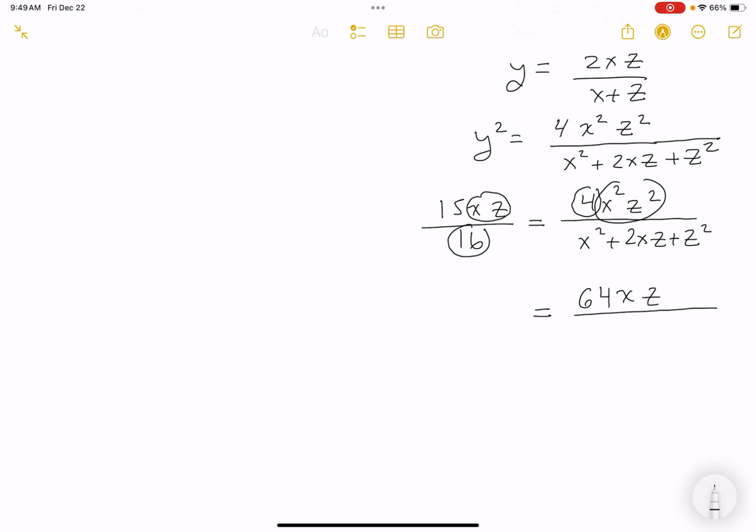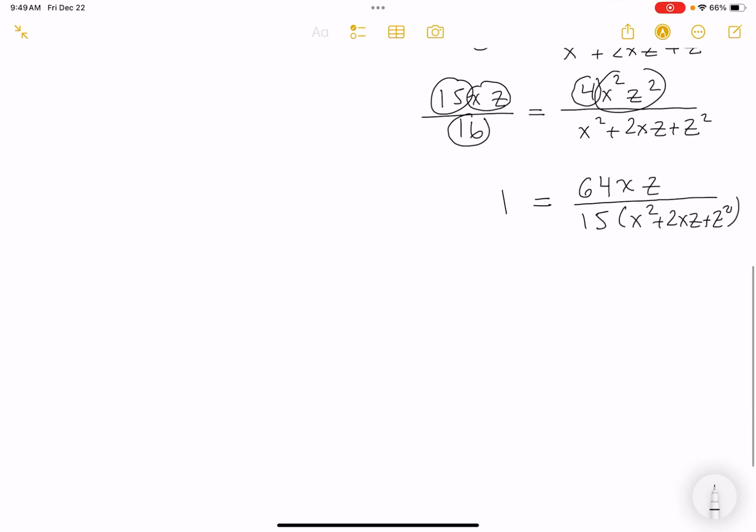And then I see 15, this is a 1 now, dividing both sides by 15, x squared plus 2xz plus z squared, and that equals 1. So I'm going to keep rewriting it.